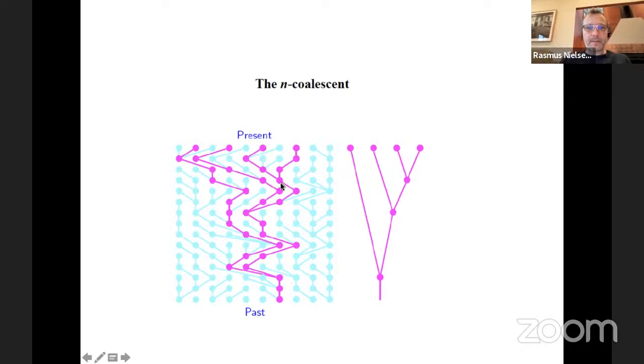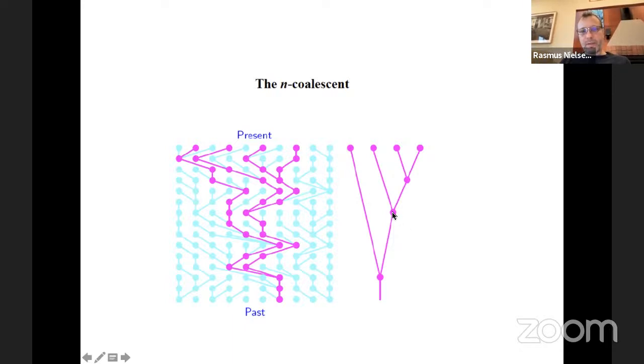So these 2 individuals, as I said, have an ancestor here. And then if we also add this individual to it, we can see there's an individual here that's an ancestor for all of these 3 individuals. And then if we go all the way back to this time, we have an individual here that's the ancestor for all 4 individuals. So the coalescence tree we get is like this. This node here in this tree corresponds to that individual here.